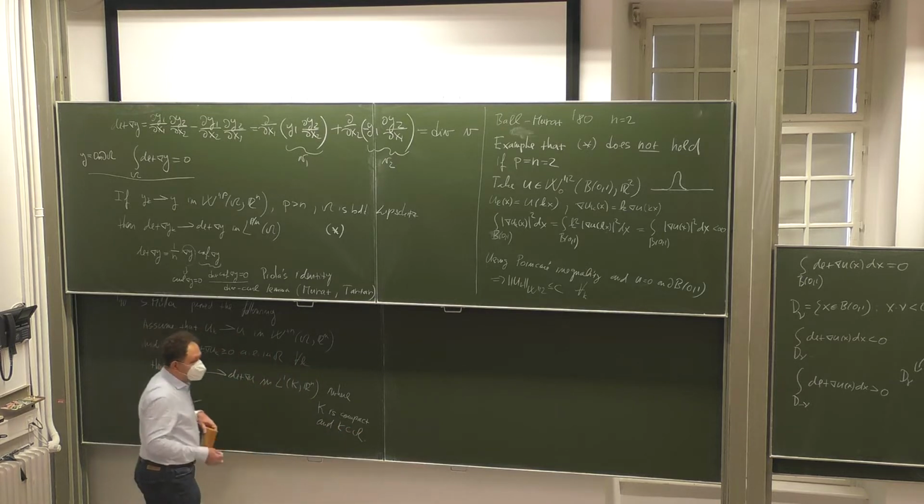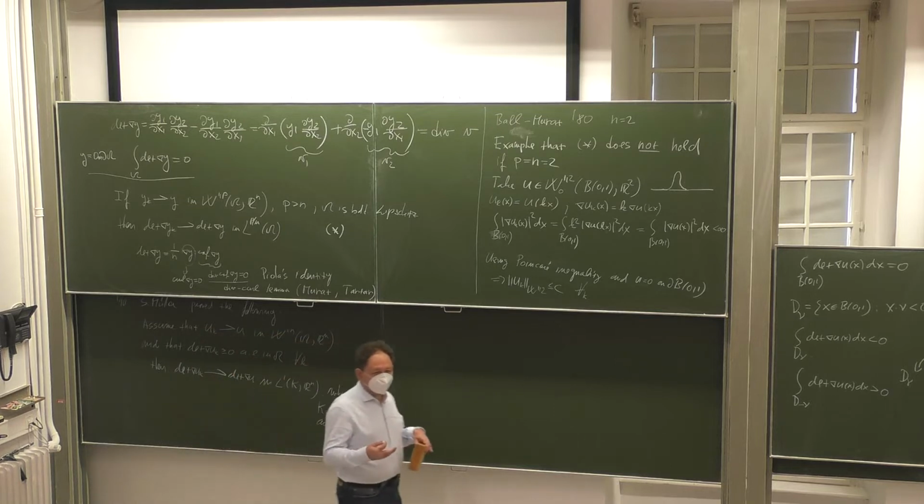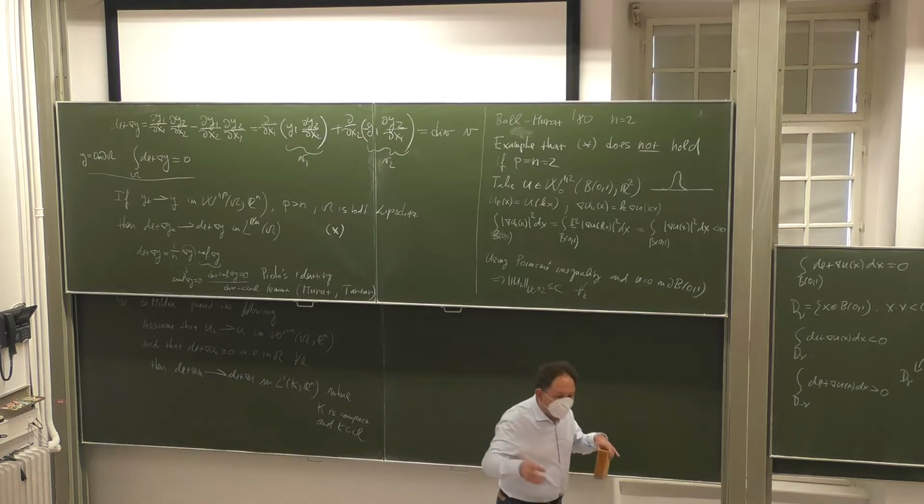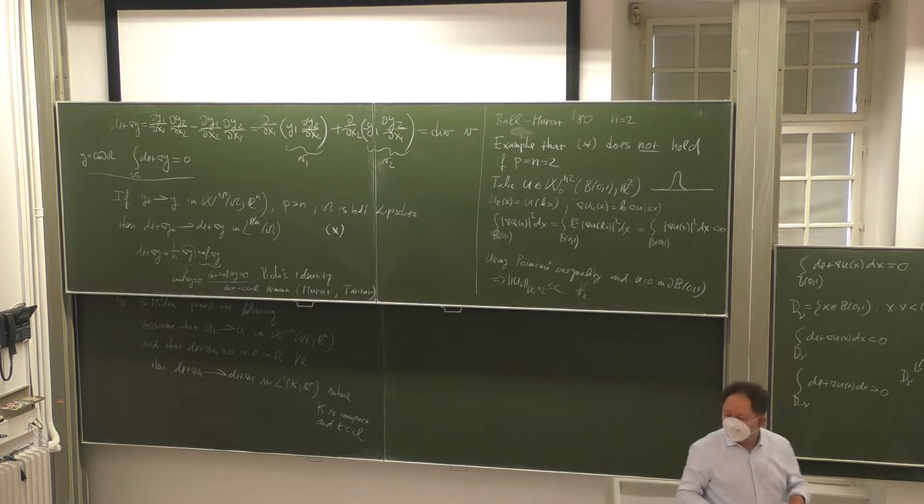So if you control the sign of your determinant for every element of the sequence, and you don't go up to the boundary of your domain, then you have the result.